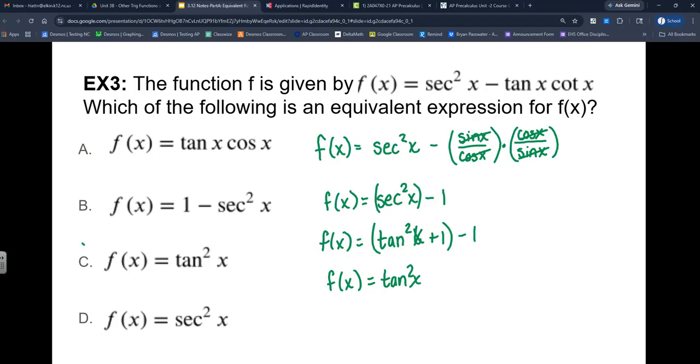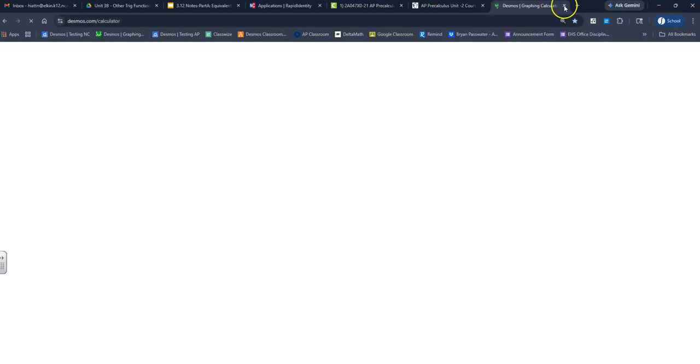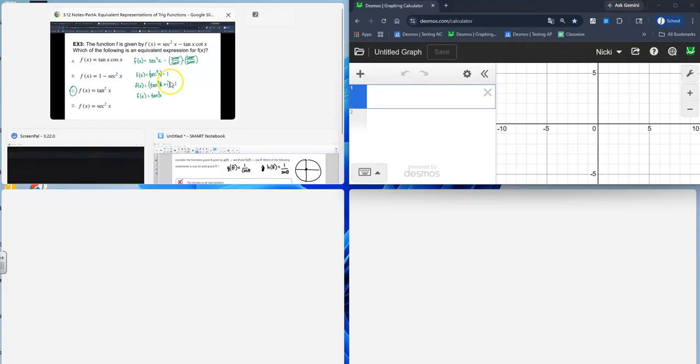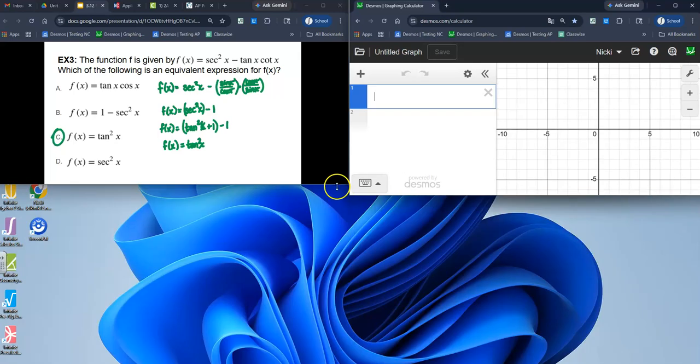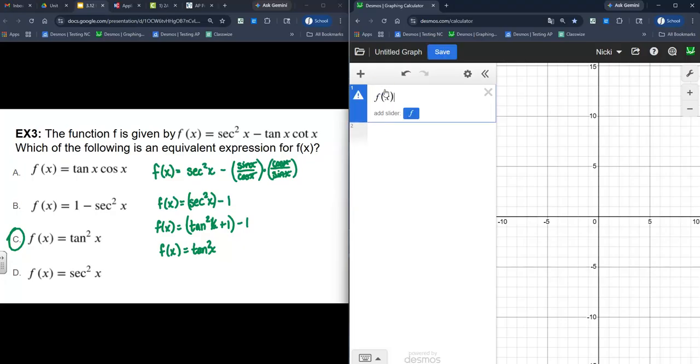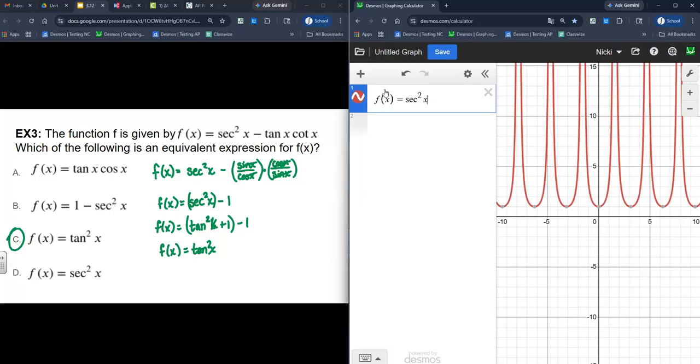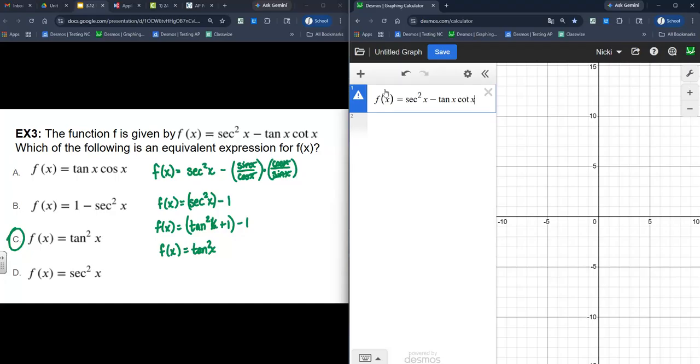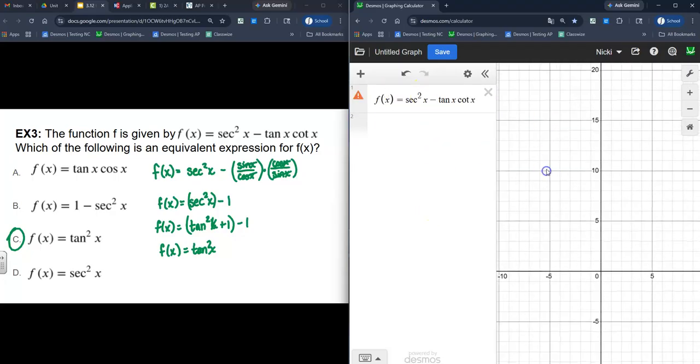Okay, so tangent squared x, there's our answer. And these are definitely going to be calculator inactive, but let's just get a picture of what's happening here. There's no point in me showing you how to solve this with the calculator because they're not going to give you a calculator on these problems.